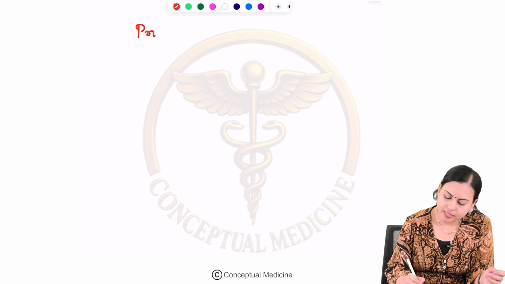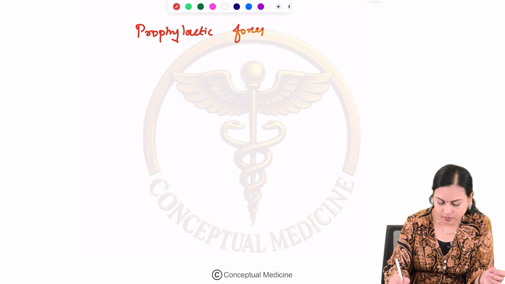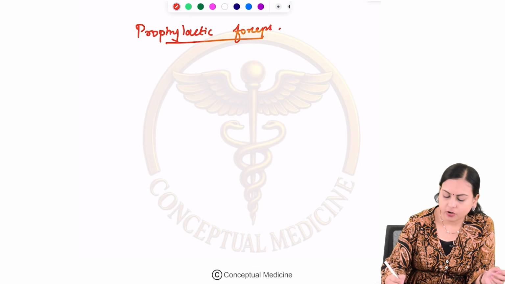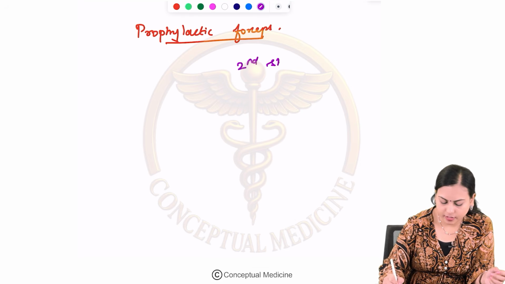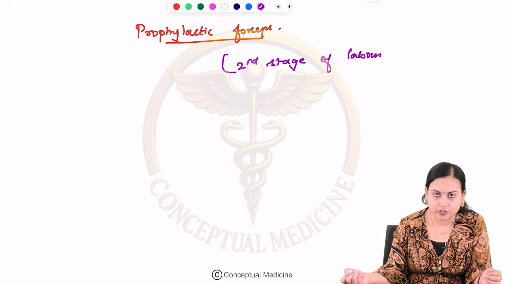But there are certain conditions where you have to apply prophylactic forceps, okay, only to shorten the second stage of labor when the maternal or fetal complications are anticipated. Okay.